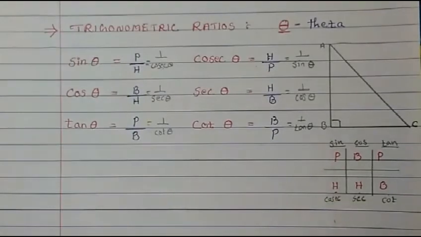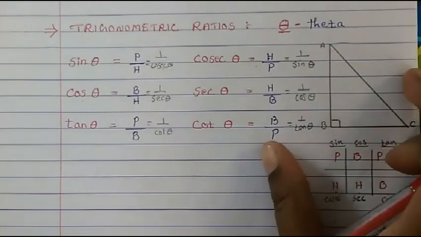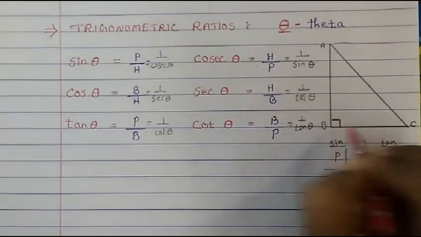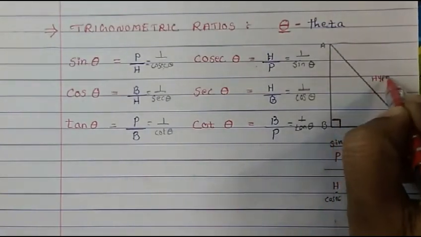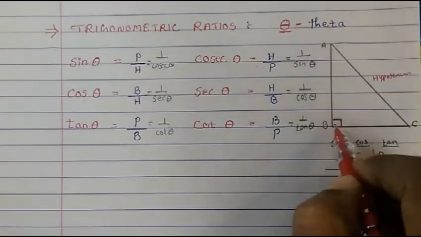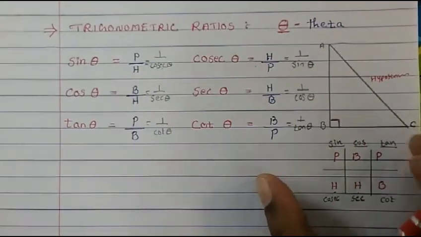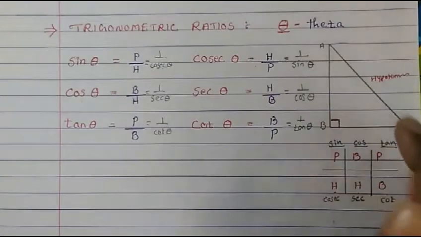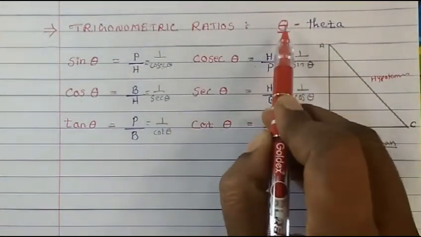Now, let us decide which side will become hypotenuse, which will become perpendicular, and which will become base. This is a triangle ABC. We know 90 degrees is here. Opposite to 90 degrees is always the hypotenuse. Now we have to decide which one will be base and which one will be perpendicular. That depends upon theta. Theta means, as I told you, the value of an acute angle.